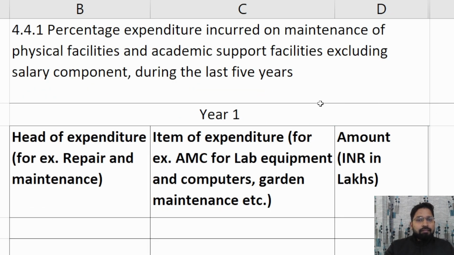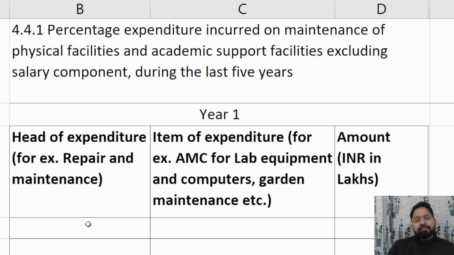Here we mention the head of expenditure for maintenance of physical facilities and academic support facilities. In the first column, you mention the head of expenditure for maintenance of physical facilities and academic support.